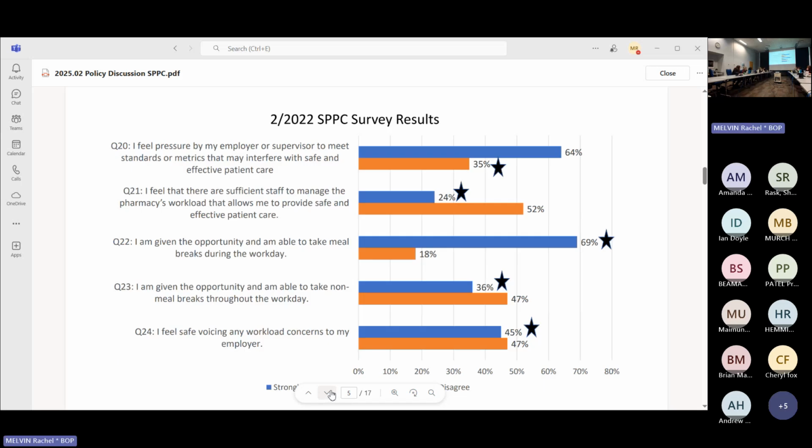What's the orange answer? Agree? Yeah, the orange is strongly disagree or disagree. And so depending on how the question is worded, it's not a survey where yes is always a positive result, hence the stars there.